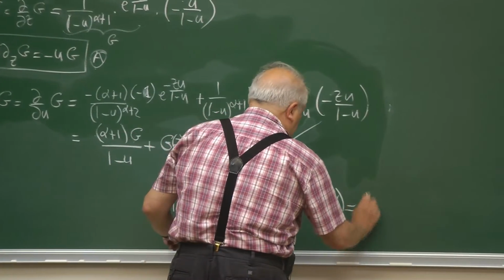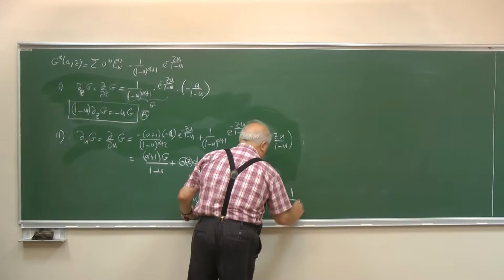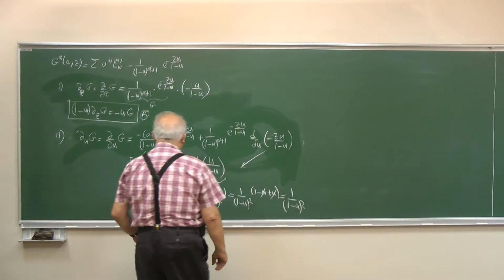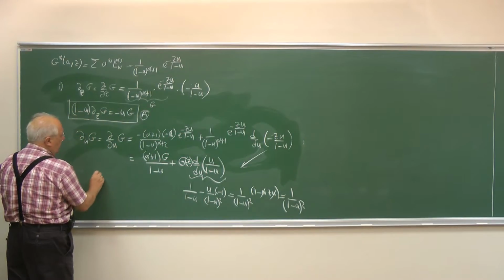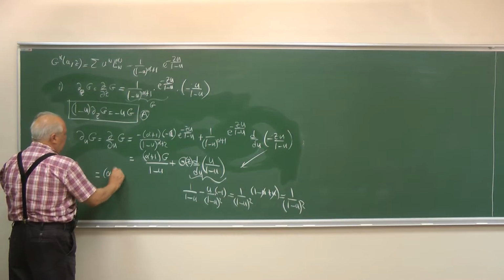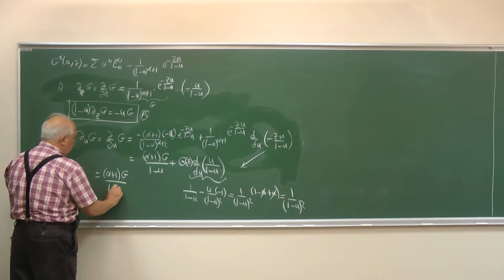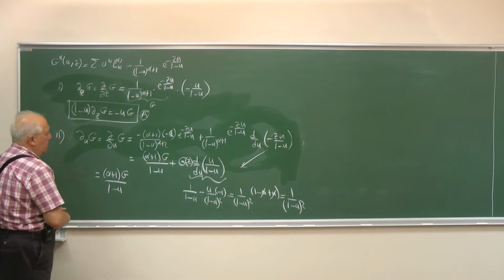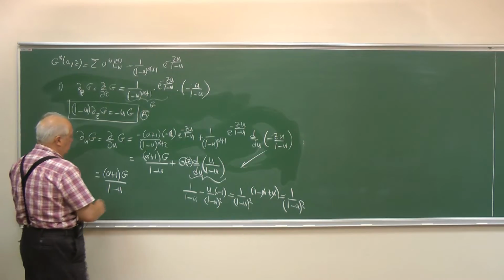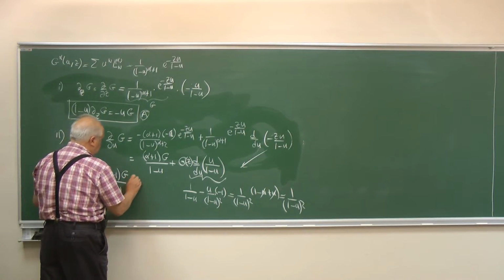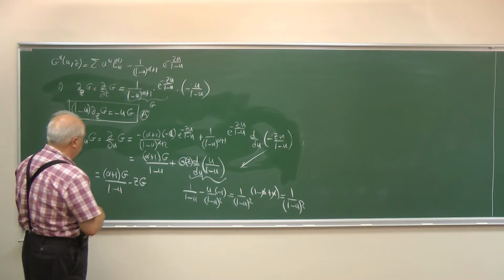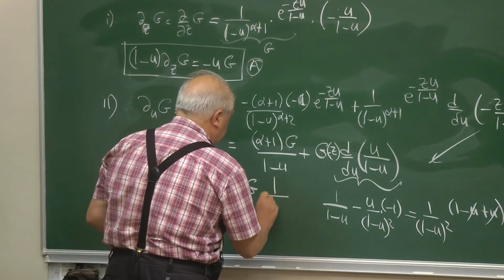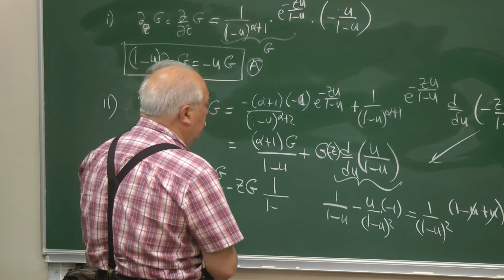So it's 1 minus u squared. So this is equal to alpha plus 1 G over 1 minus u, minus z times G times 1 over 1 minus u squared.